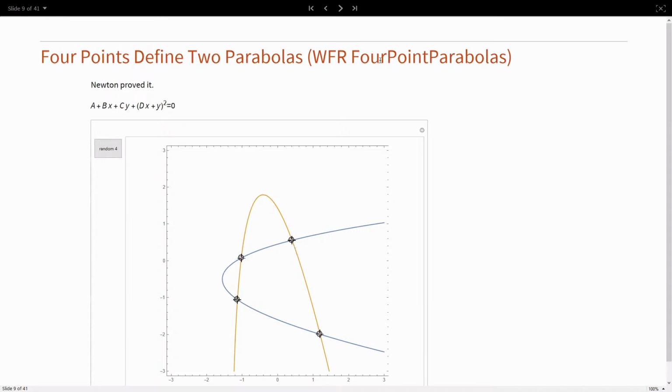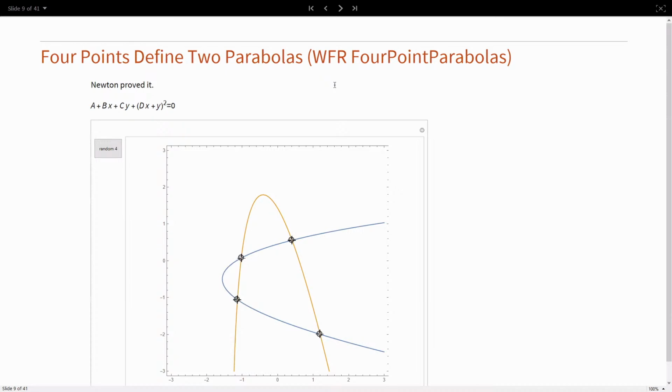And my function in this demonstration basically uses Newton's old code from the 1600s. I just basically copied his technique right into my code, and it worked fine.